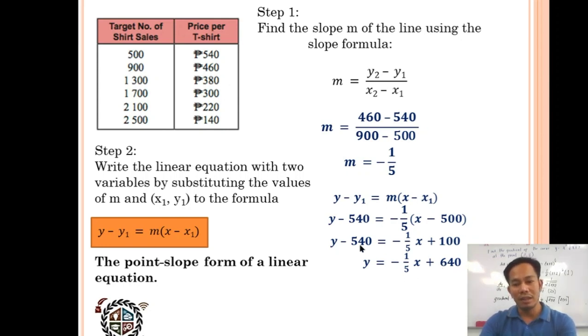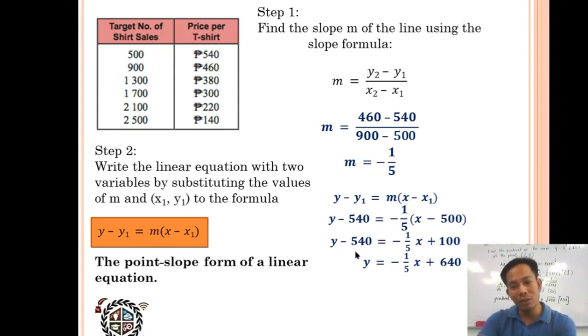So, yan. Etong negative 540, dun sa mga ibang teachers, ina-explain nila ito. Transpose negative 540 to the right side. Hindi po dapat ganun ang pag-explain. Dapat po, you have to add both sides by 540. Wala po tayong properties of equality na nagsasabing transposition property of equality. Wala pong ganun. Okay, meron lang po tayong addition property of equality.